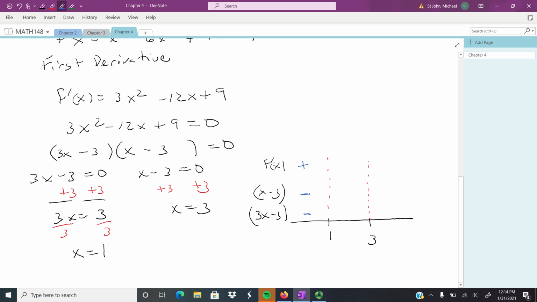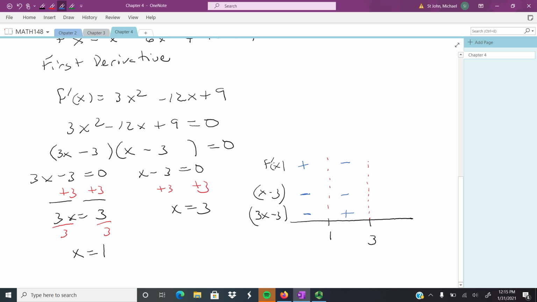Okay. Now we go to the next interval, which is between 1 and 3. And again, if it helps you to pick a number, do so. So let's say if we were to pick 2, well, if I plug in 2 into that first one, that ended up being 6 minus 3, which is positive. And then 2 minus 3 is negative. And a positive times a negative is a negative.